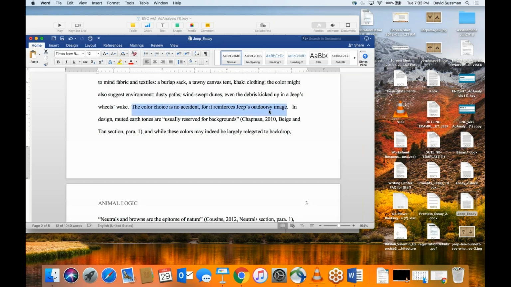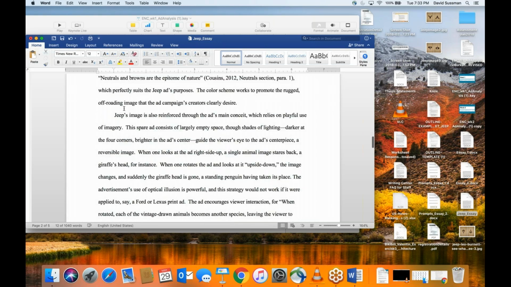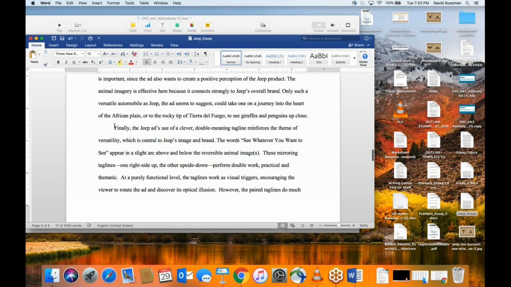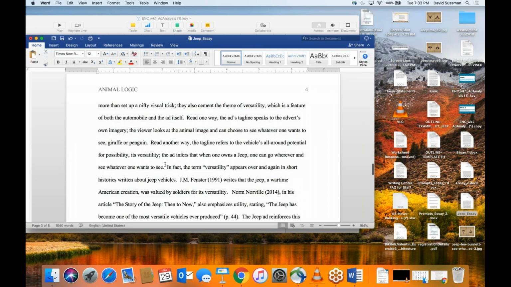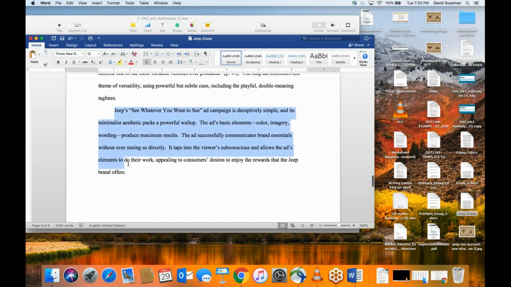Okay, the color choice is no accident, for it reinforces Jeep's outdoorsy image. Then there's an entire paragraph about its imagery, okay, that reversible animal image. And then a paragraph about the tagline. And there's a conclusion paragraph. So this is what we're working toward, okay, a traditional kind of 5-paragraph essay, thesis driven. But yeah, you have to identify those 3 interesting details in your chosen ad.